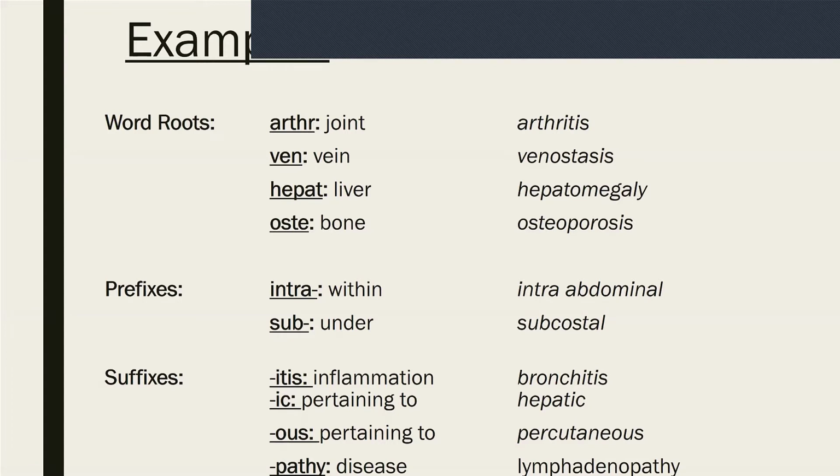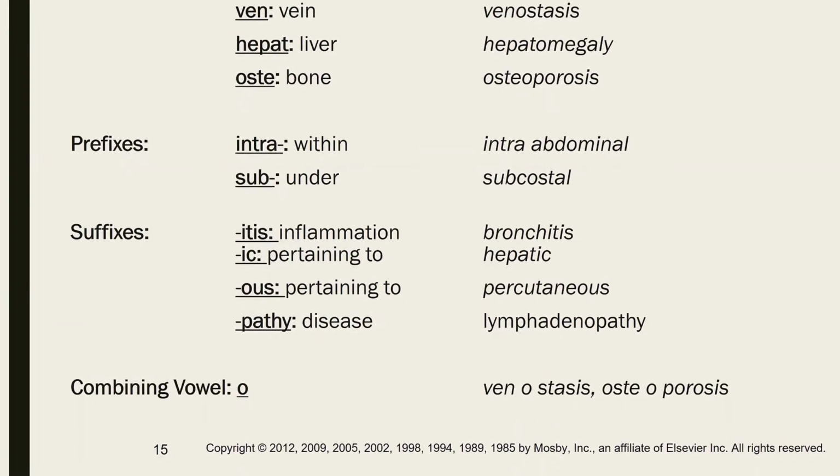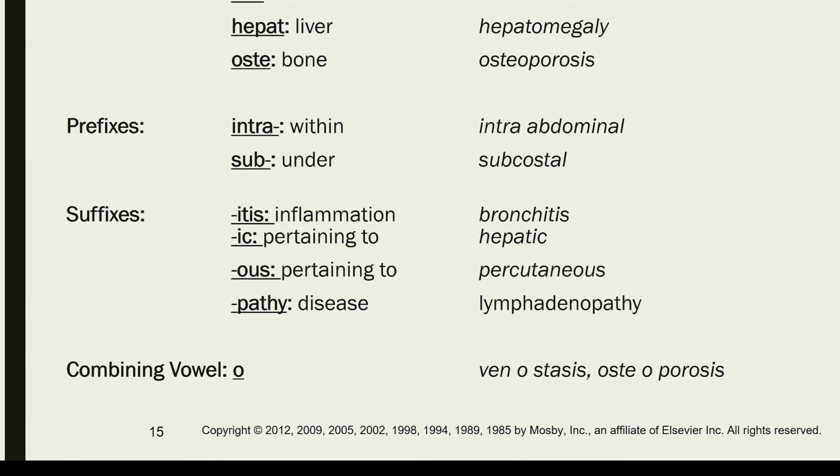And then suffixes, we've already used itis a few times, so we know that means inflammation. Bronchitis, bronch meaning the airway of the lung, and then itis meaning inflammation, so inflammation of the airway. Ic, like in hepatic, pertaining to the liver. Ous, percutaneous, so it pertains to the skin, the cutane part of it, and so on.